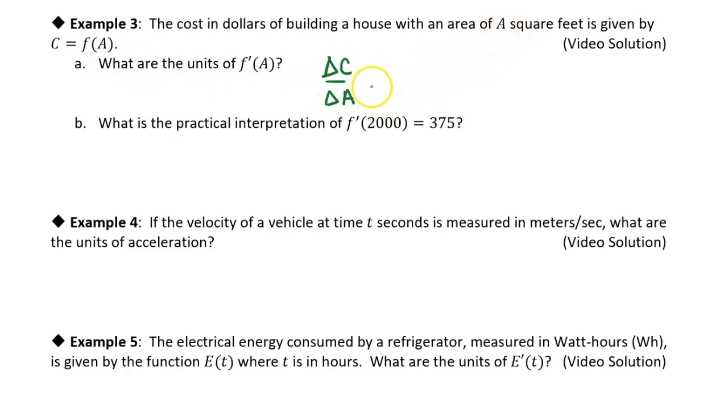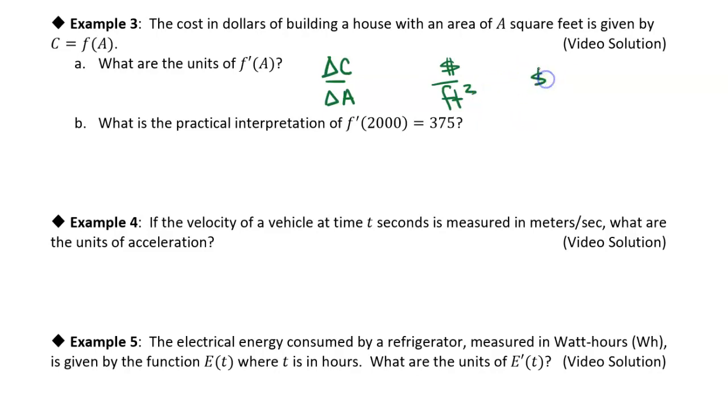So let's look at the units of delta cost, change in cost over change in area. The change in cost is in dollars. The change in area is square feet, so feet squared. That's it.